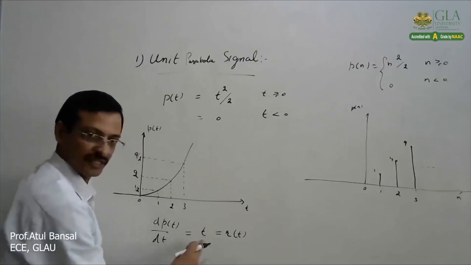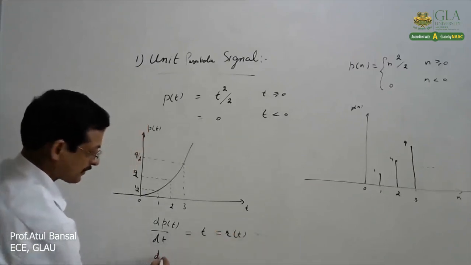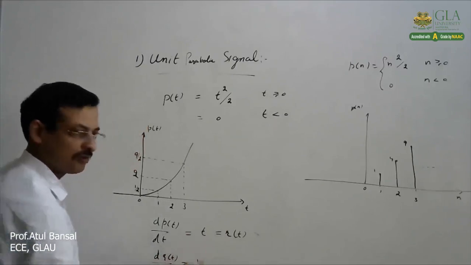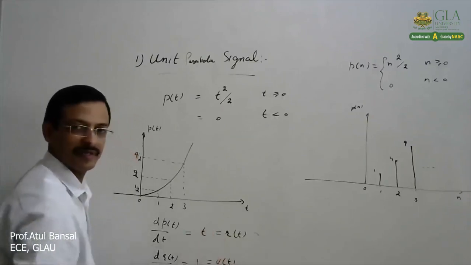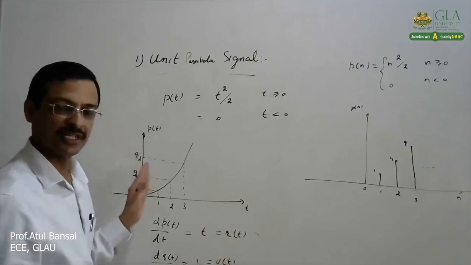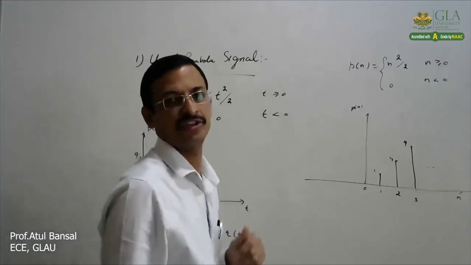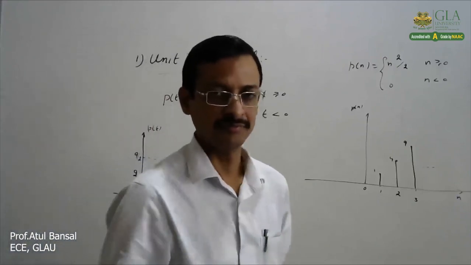And if you differentiate further, differentiation of ramp t will give you 1, which equals the unit step. So it means that if you differentiate a parabolic signal, you get a ramp, and if you differentiate a ramp, you get the unit step. That is how they are mathematically related to each other.